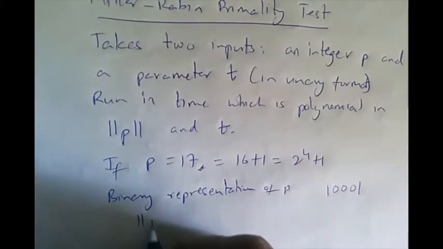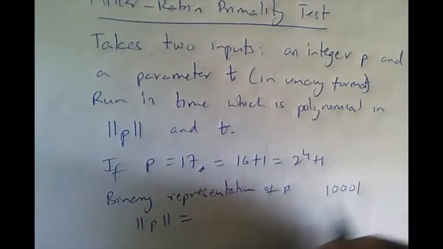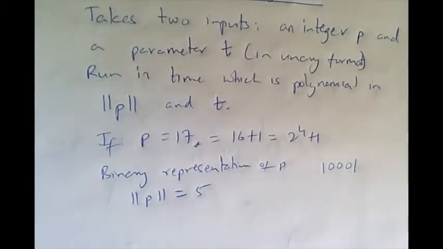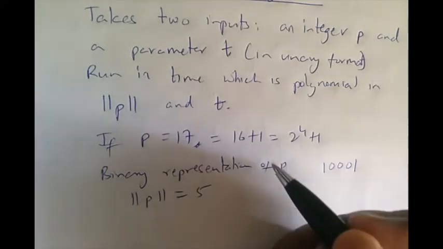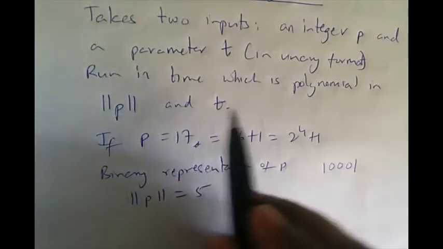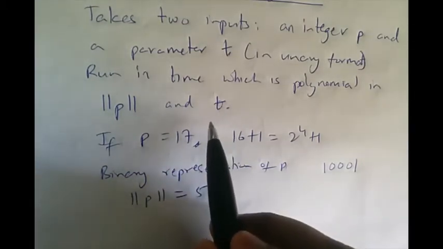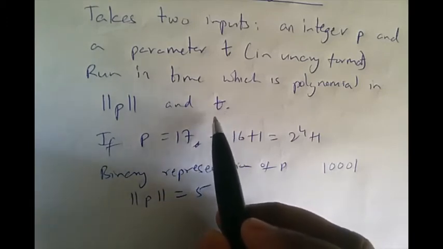So the bit length of p is 5 bits. So this Miller-Rabin test will run in time polynomial in this bit length of p and the parameter t, which you can tune depending on how much confidence you want.